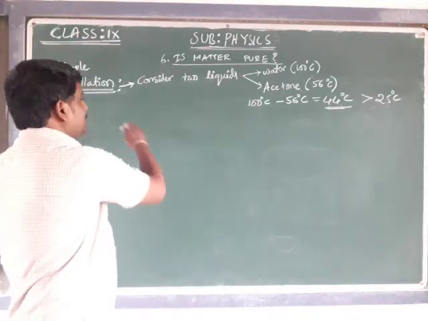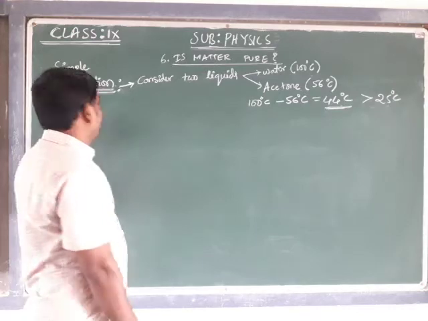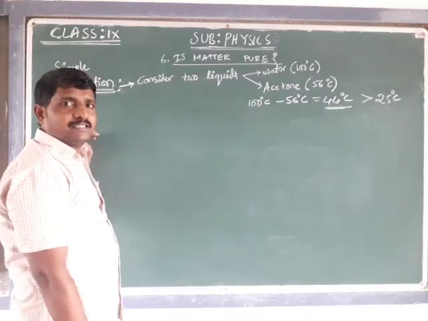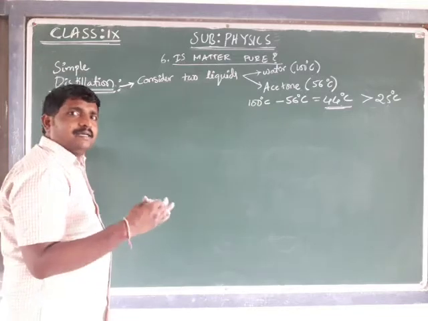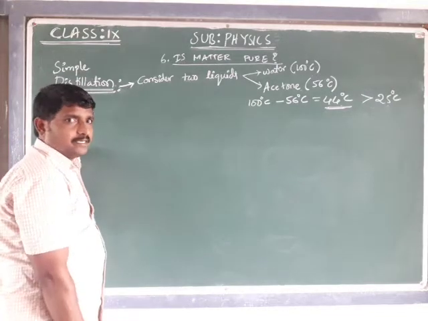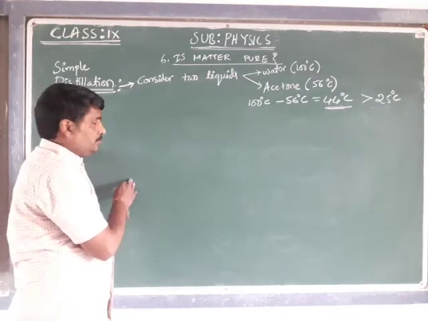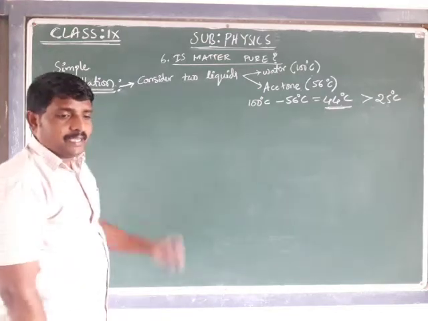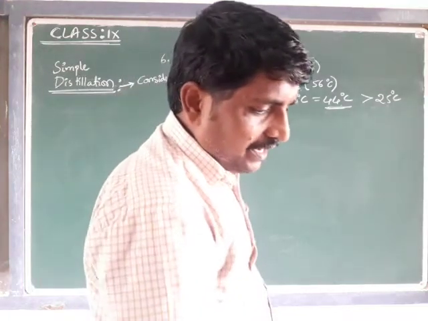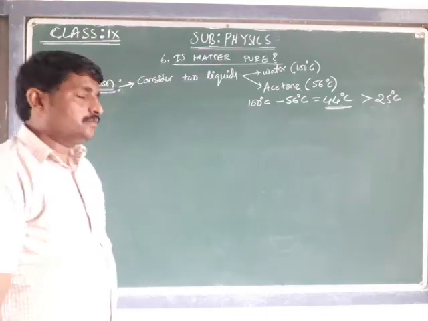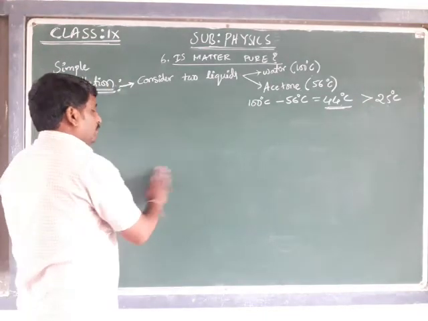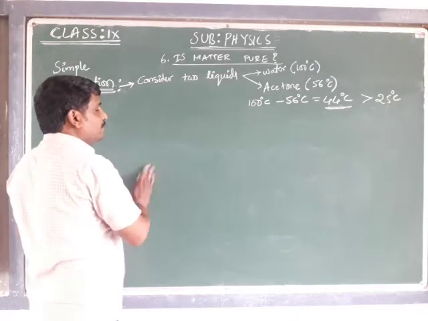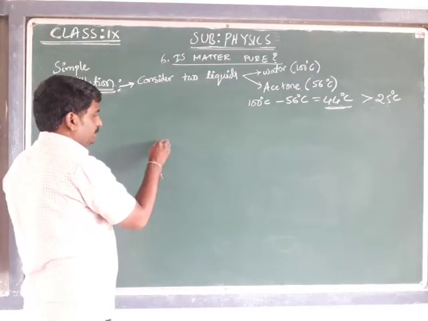To conduct this simple distillation process, there are some apparatus, and I am going to show the arrangement of the apparatus here. You can refer to page number 93, figure number 13 as well for more information about this arrangement.